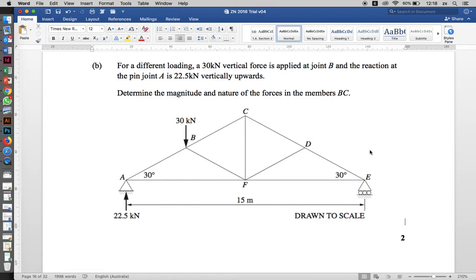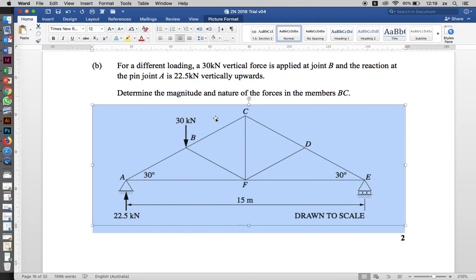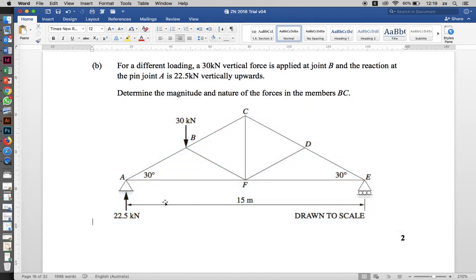So taking that formula, setting clockwise as positive, we have sum of the forces about F equals 0, assuming that BC is in tension. In tension, it will be pulling from that node. If it's pulling out of the node, it's going clockwise, so it's going to be BC times 15 divided by 4, plus 25.5 times 15 divided by 2, minus 30 times 15 divided by 4.